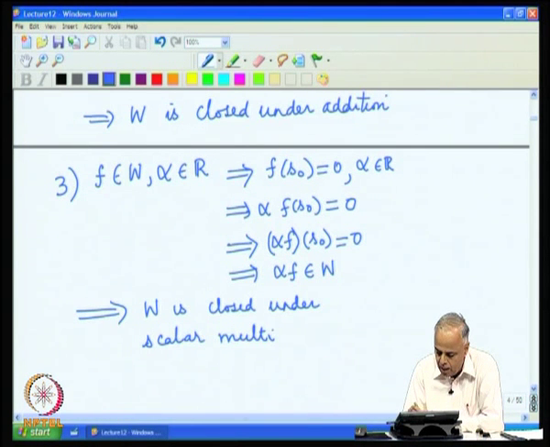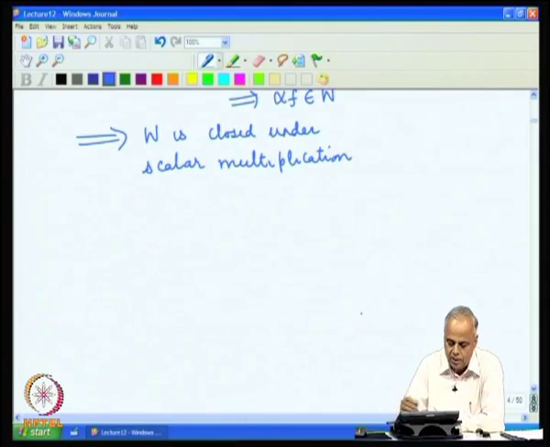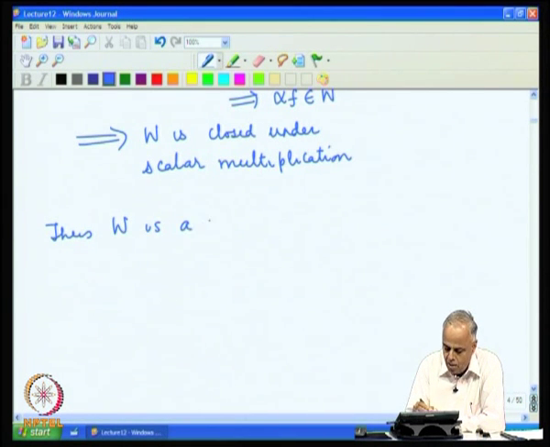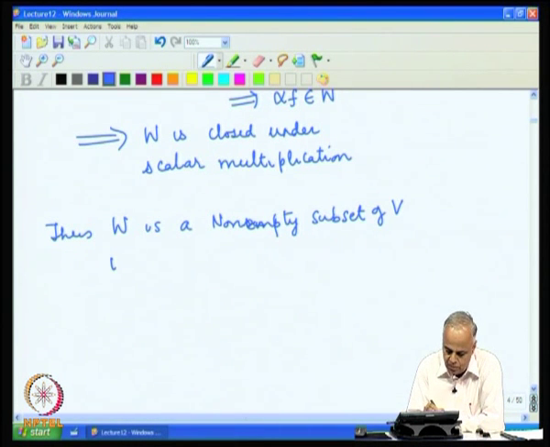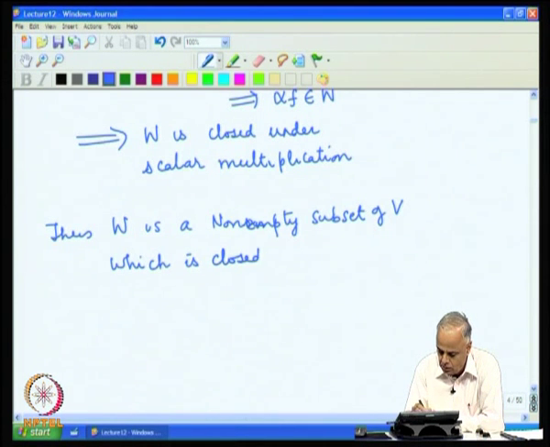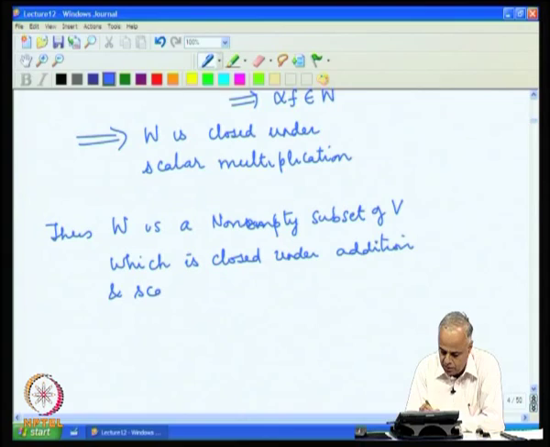So, thus we have W is non-empty, it is closed under addition, and it is closed under scalar multiplication. So, thus W is a non-empty subset of V which is closed under addition and scalar multiplication.